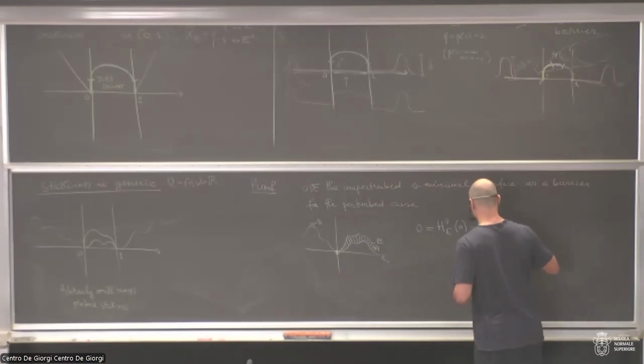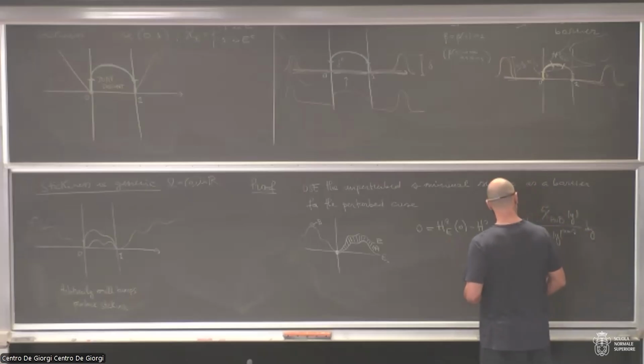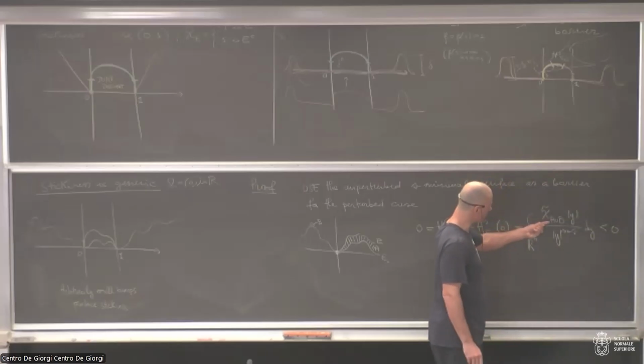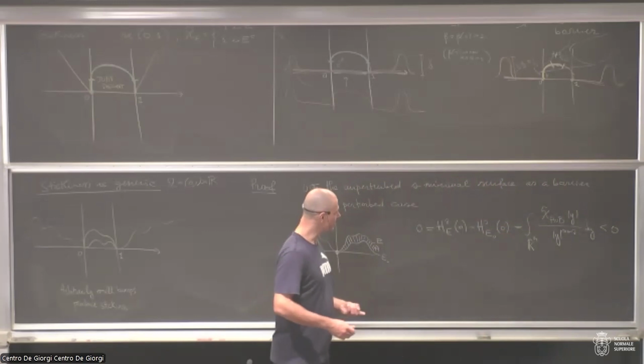So I have the integral in R^n. Then in E, I have A union B. But then this is strictly negative because this function is -1 in A union B and 0 otherwise.